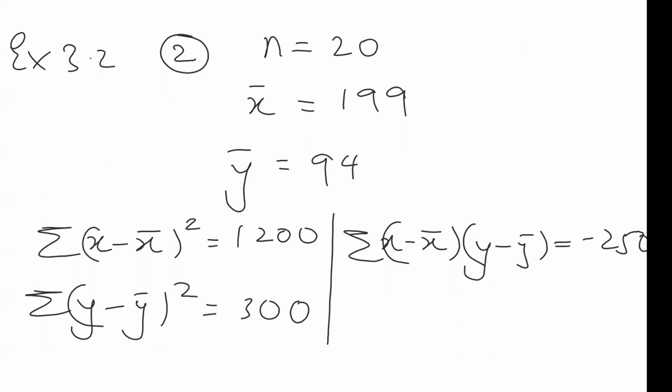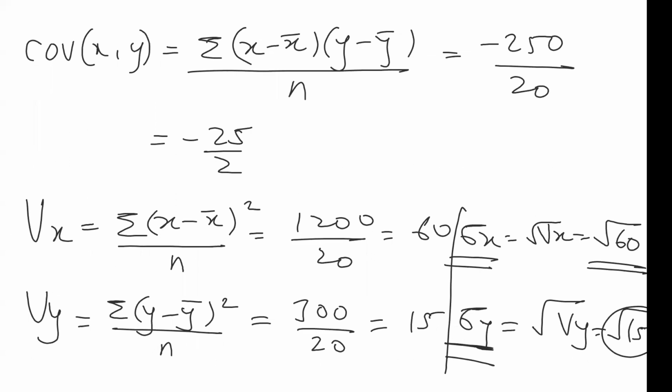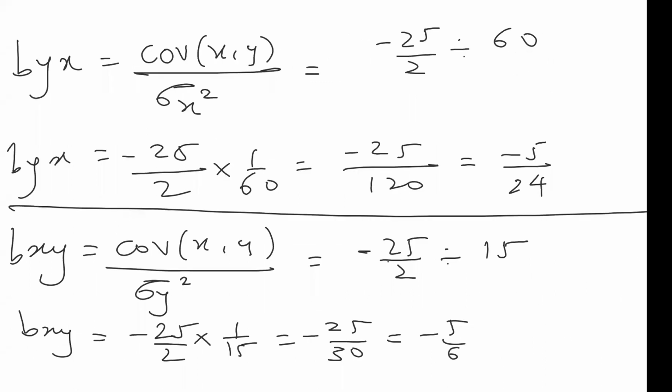From that we calculated covariance, variance and standard deviation. We also calculated the regression coefficients, that is, the regression coefficient of y on x and the regression coefficient of x on y.